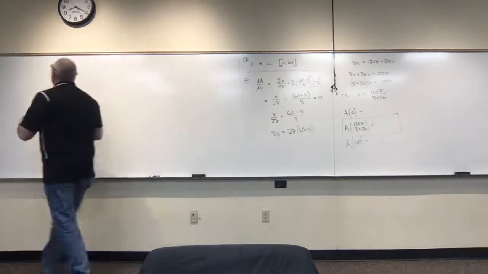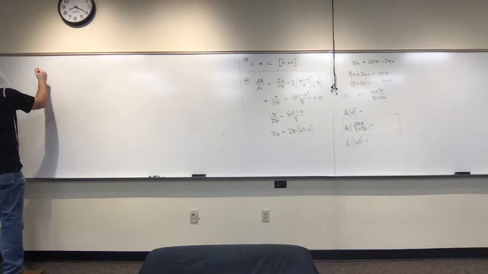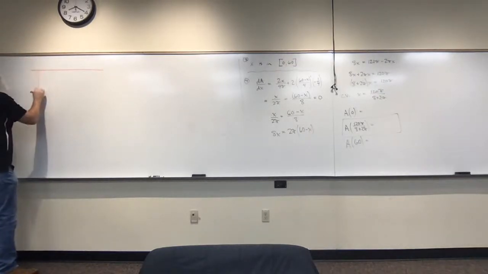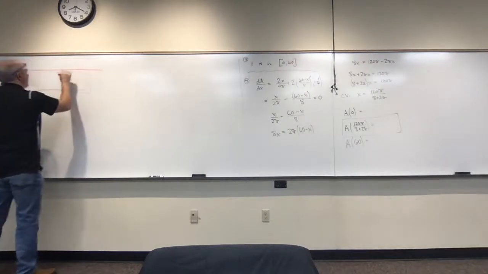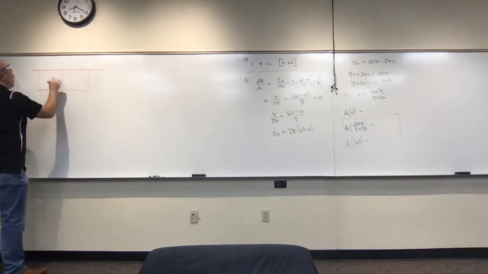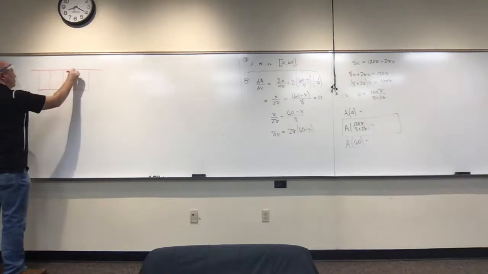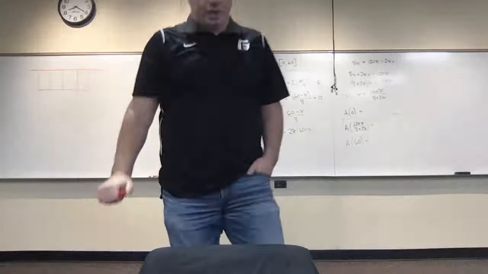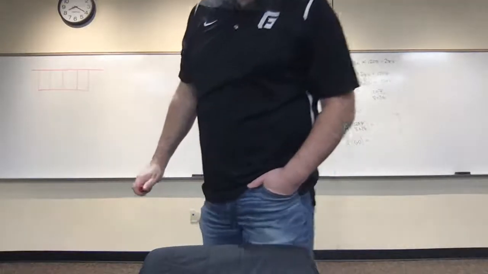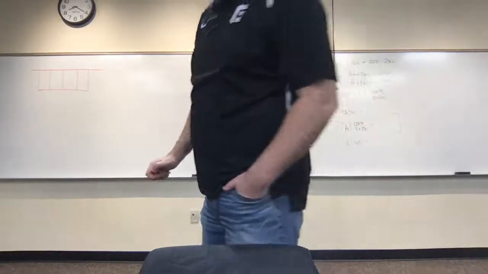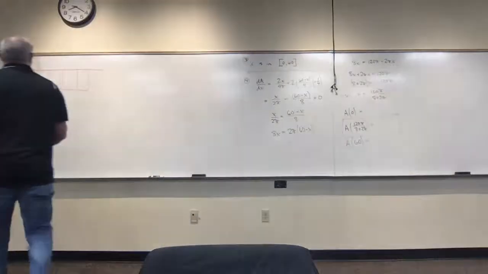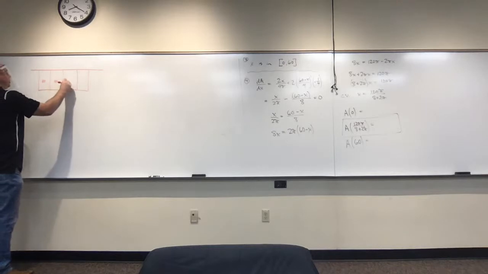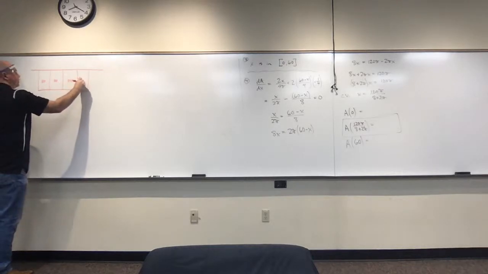So in this problem, we've got the side of a barn, and then we're building, I believe it's 4 pens. Yeah, 4 pens, and each of them needs to be 100 meters squared. So this is 100, 100, 100, 100.